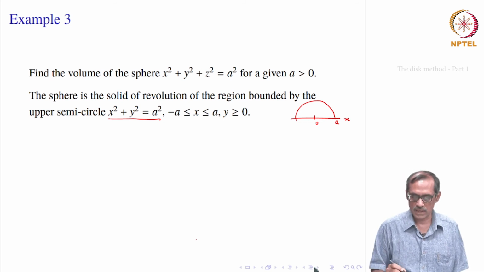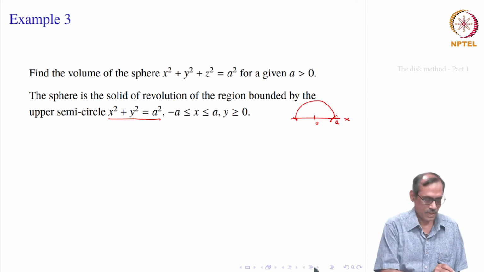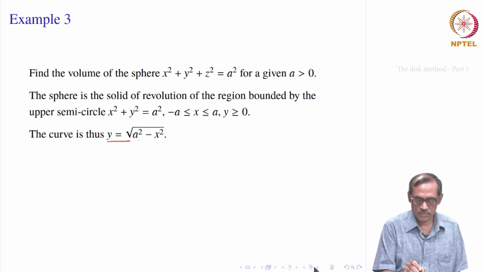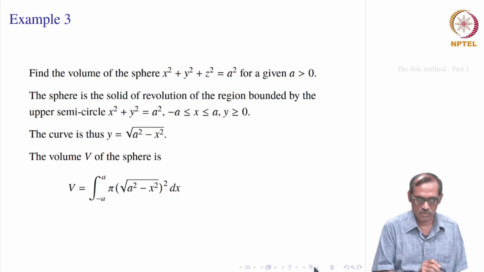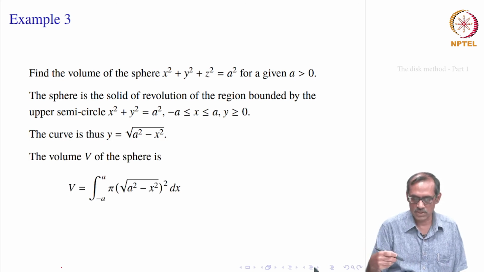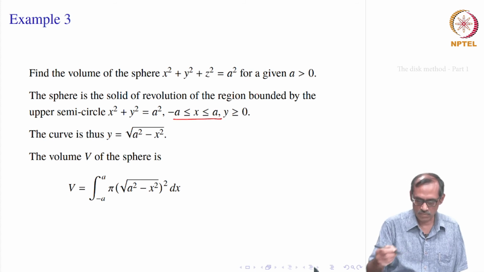So we take the semicircle, and once you take the semicircle, this really is a function. The function you can write is y equal to square root of a square minus x square, that is the curve, and this is revolved around the x axis with obvious limits minus a to a. Therefore, the volume of the solid will be the integral from minus a to a of the cross sectional area of the disc. What is the disc now?